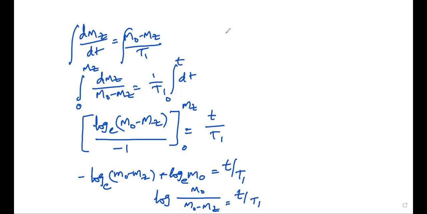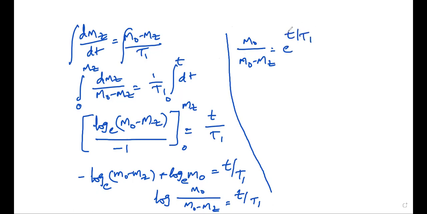This implies M naught by M naught minus Mz is equal to e power t by T1. So M naught minus Mz is equal to M naught into e power minus t by T1.